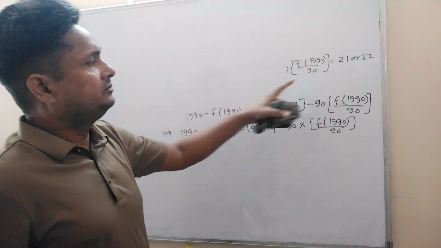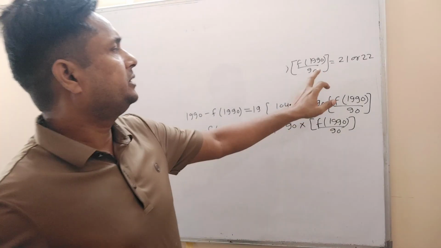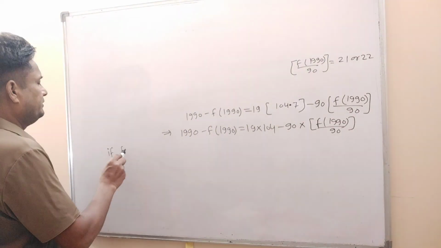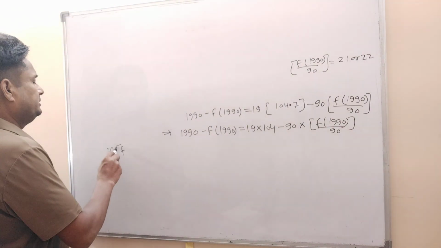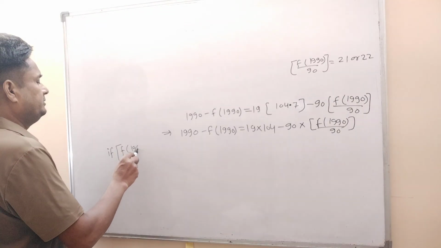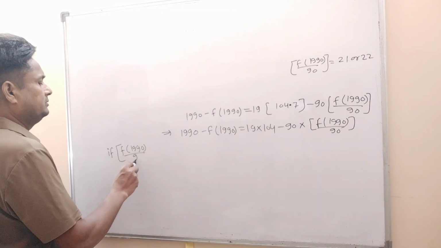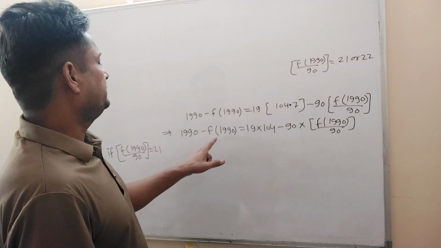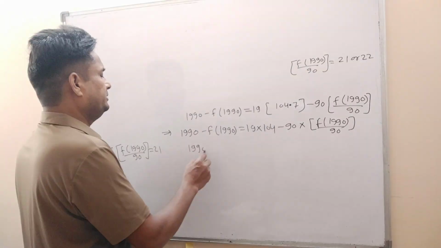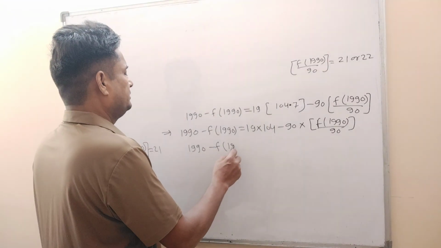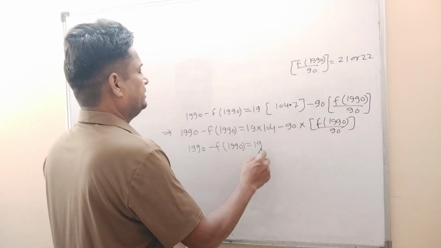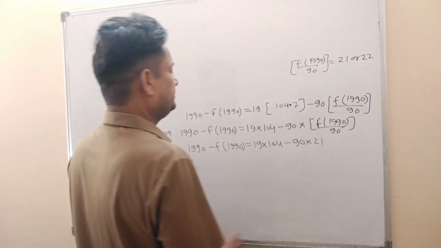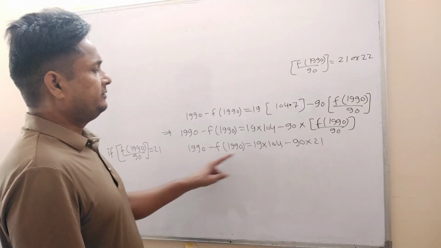Find out the value with respect to this. So put the greatest integer of f(1990) by 90 equal to 21. Substitute here, then it will be 1990 minus f(1990) is equal to 19 into 104 minus 90 into 21. Now simplify this.